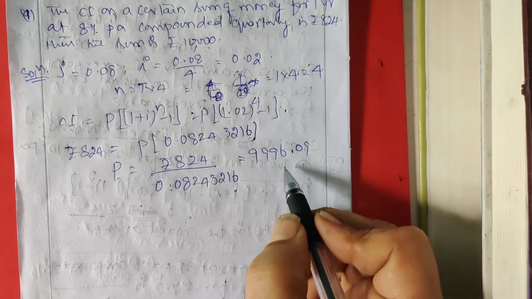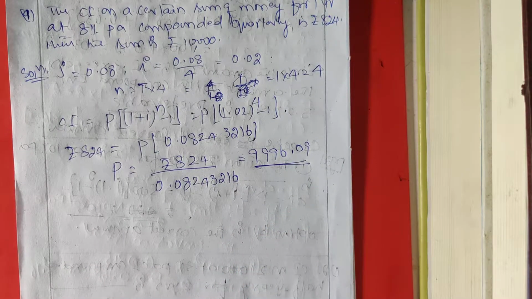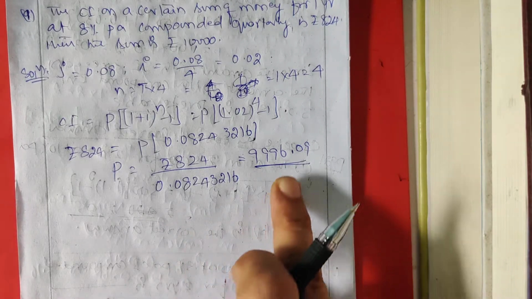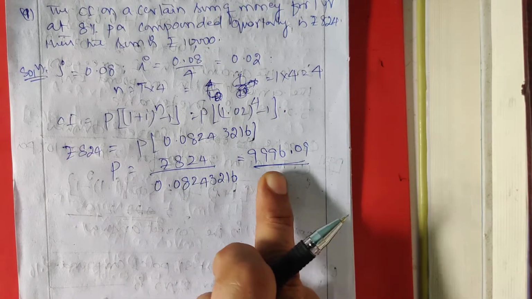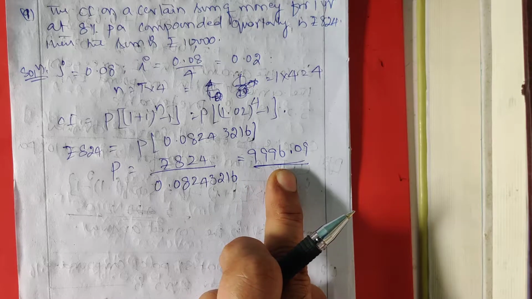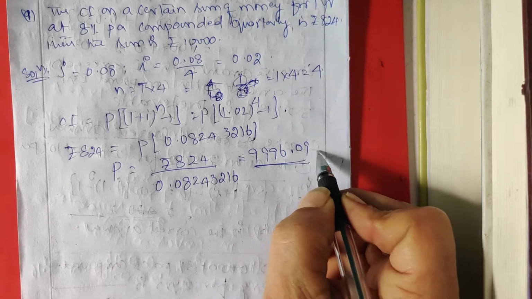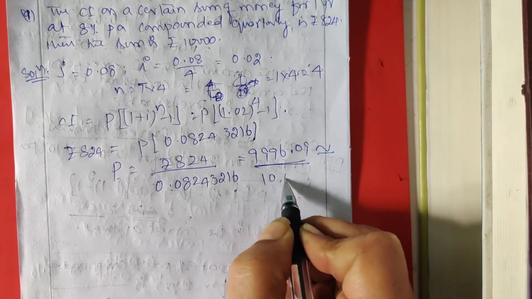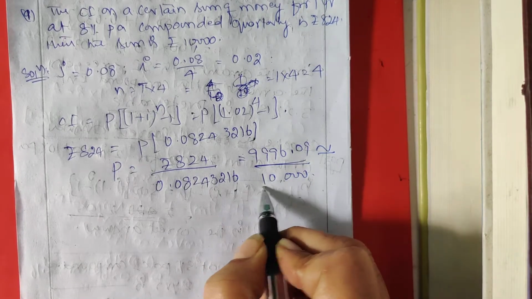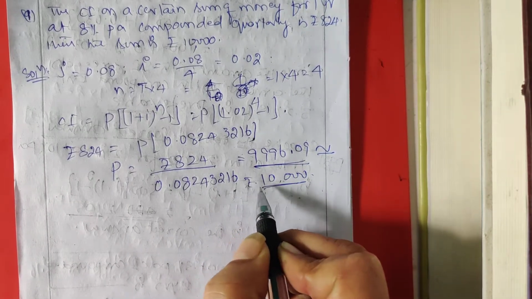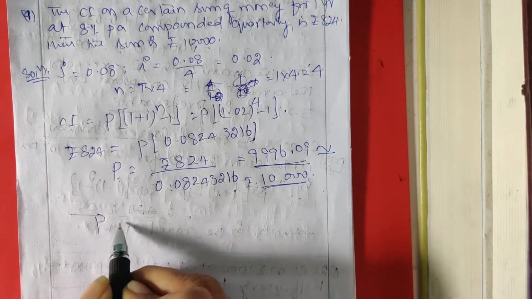It depends upon how many digits we have taken. With all the digits, if I do the problem, I am getting 9,996. When I approximate this, I'll get 10,000. Let me solve the question by reducing some digits.